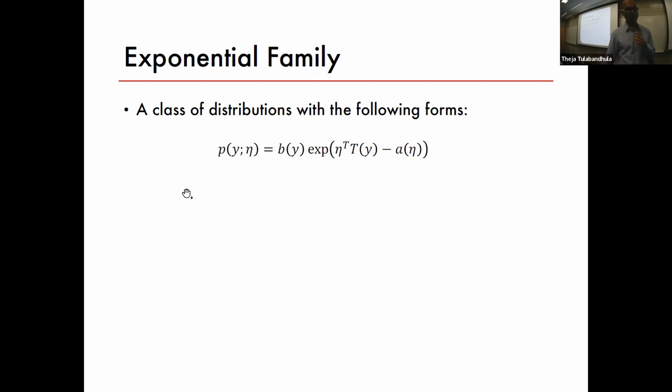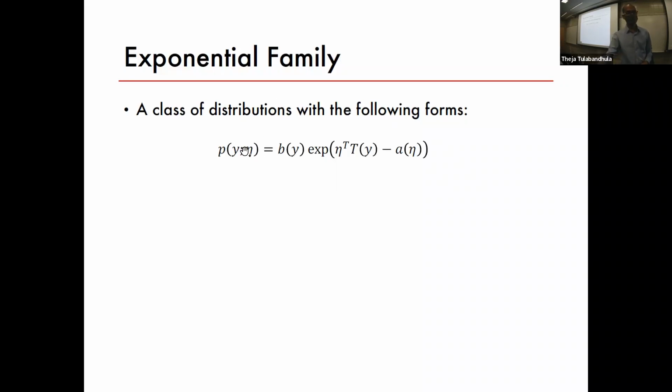Let's talk about the probability of a random variable taking a specific value little y given what is called a natural parameter eta. Eta is a Greek symbol; just think of it as a parameter.